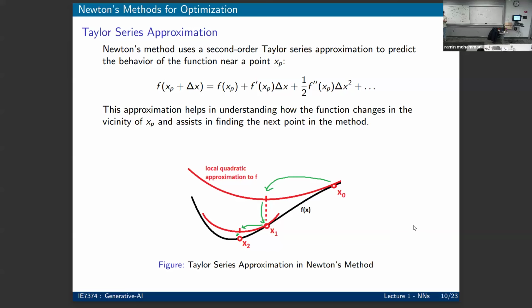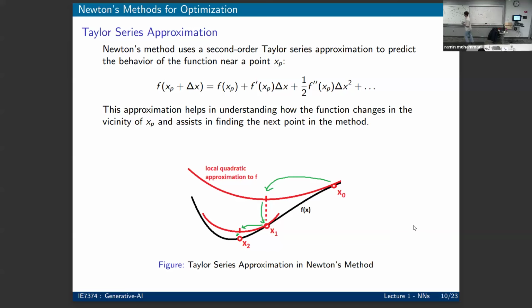When you use a Taylor series approximation at point x0, the approximation of the function becomes this red line. The first red line that you see on top is the approximation of the cost function with the Taylor approximation at point x0.